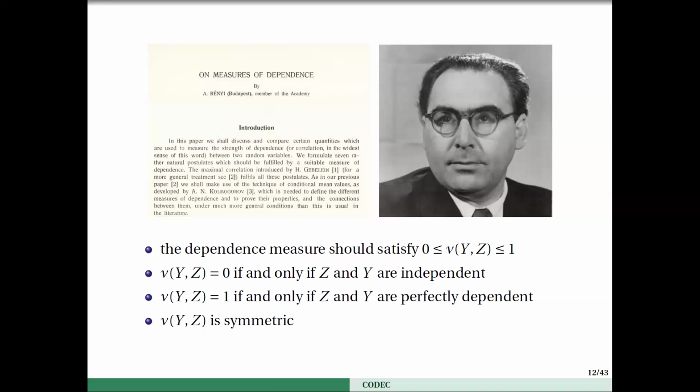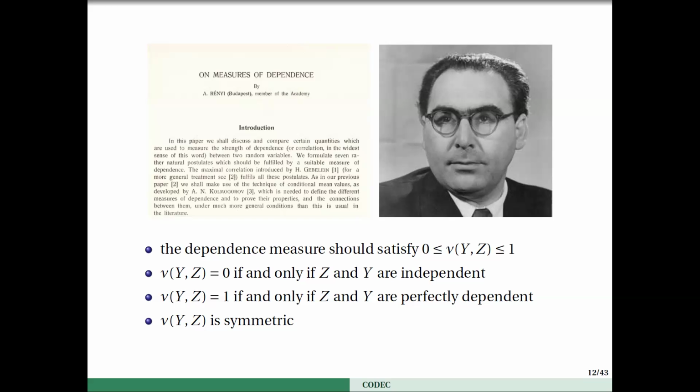Let's go back a little bit in the history. There is this paper by Alfréd Rényi, I think it's 1959 or something like that, where he talks about measuring dependence, just simple dependence, and he requires some criteria for a good measure of dependence. The first property that he says we should require from any measure of dependence is that it should be bounded, for example, between 0 and 1.